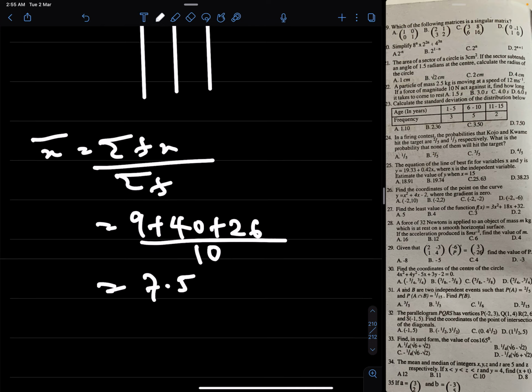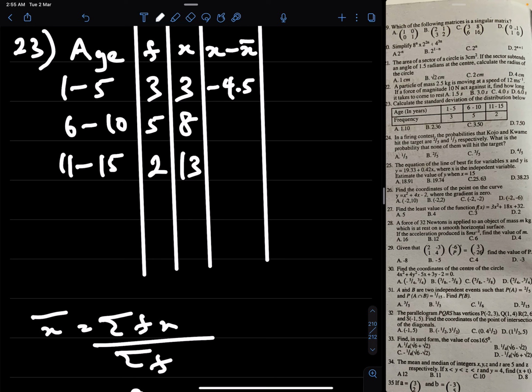Now I need another column for x minus mean, which is 3 minus 7.5, that's minus 4.5. 8 minus 7.5, that's 0.5. 13 minus 7.5 is 5.5.